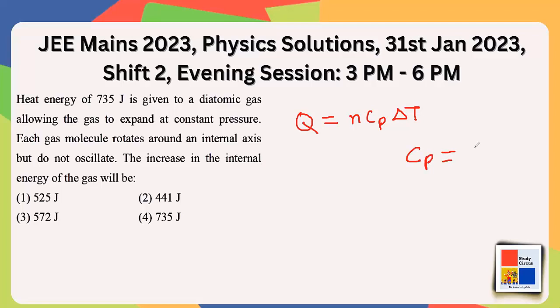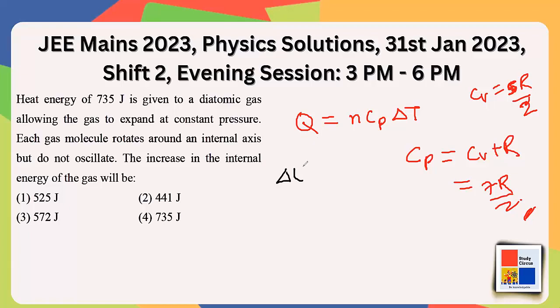CP for a diatomic gas is CV plus R. CV here is 5R upon 2, so CP becomes, you just add 1 R to it, 7R upon 2. And delta U, the change in internal energy of a gas, is given by n CV delta T.